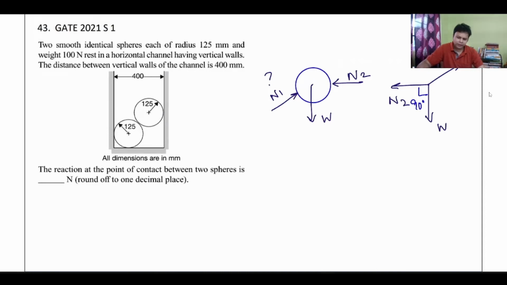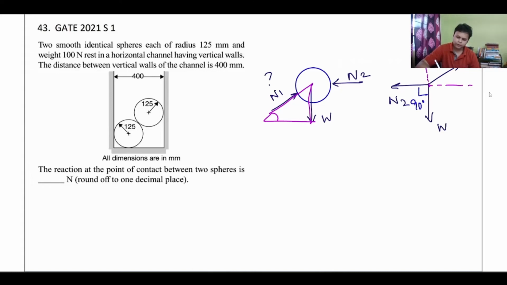Right? Can we predict the other angles? If somehow we can find out this angle, because I just need to find out N1.